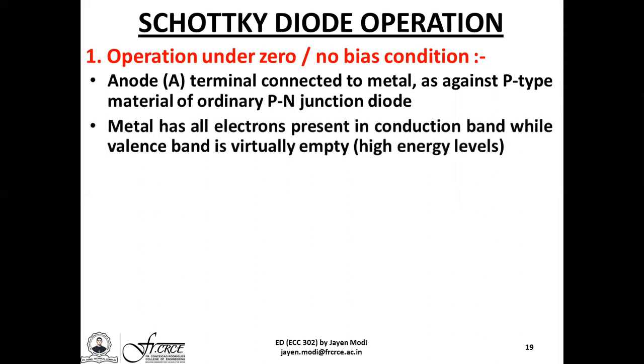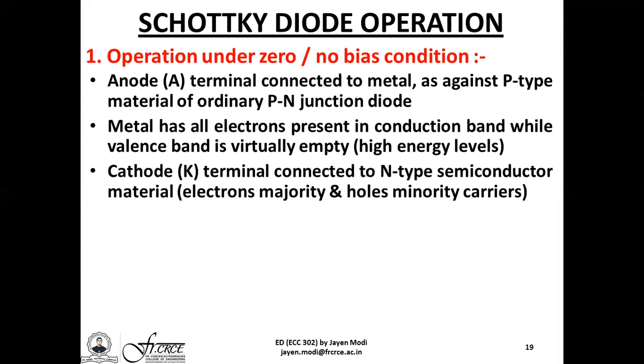The metal has all the electrons present in the conduction band, while the valence band is virtually empty. Hence, the electrons in the conduction band of the metal have a very high energy level. The cathode terminal, K, is connected to the n-type semiconductor material, where electrons are the majority carriers and holes are the minority carriers.